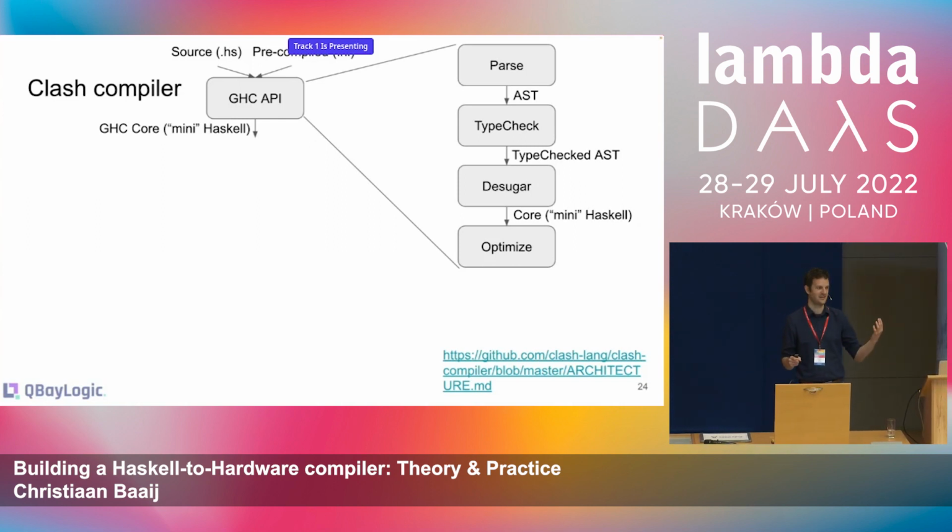It takes in Haskell source files or precompiled Haskell .hi files. We take from the regular Haskell compiler the parsing, the type checking, and then an important part, the so-called desugarer.